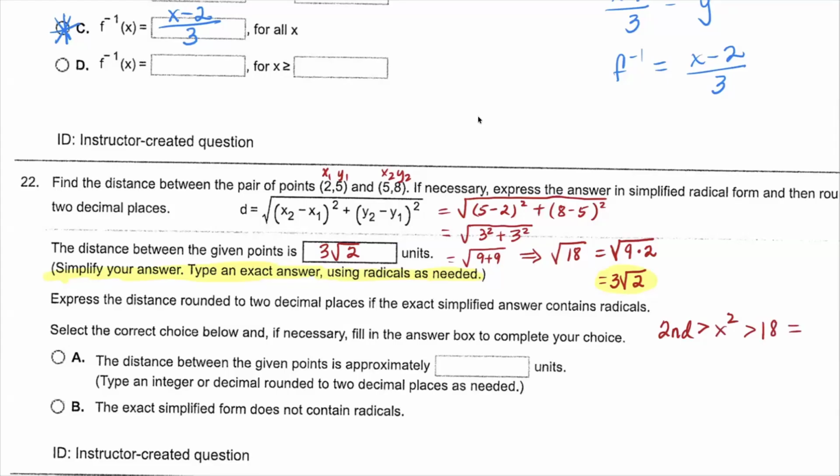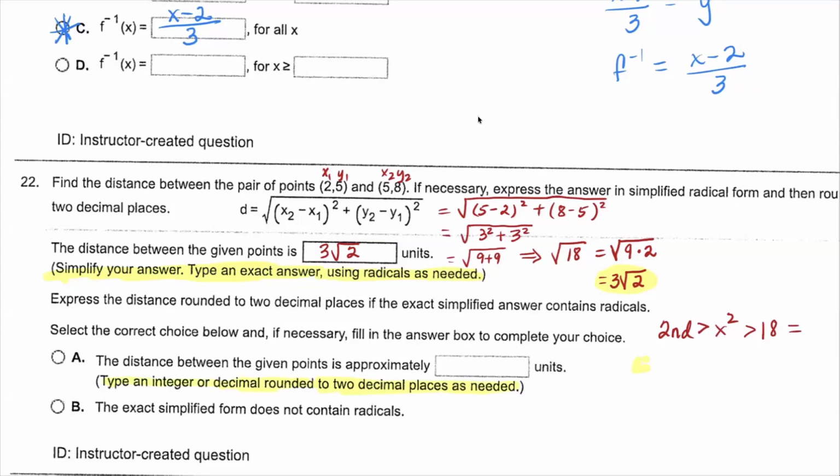So second, x squared, 18, equals. They want it rounded to 2 decimal places as needed. So you got to know how to round to 2 decimal places.